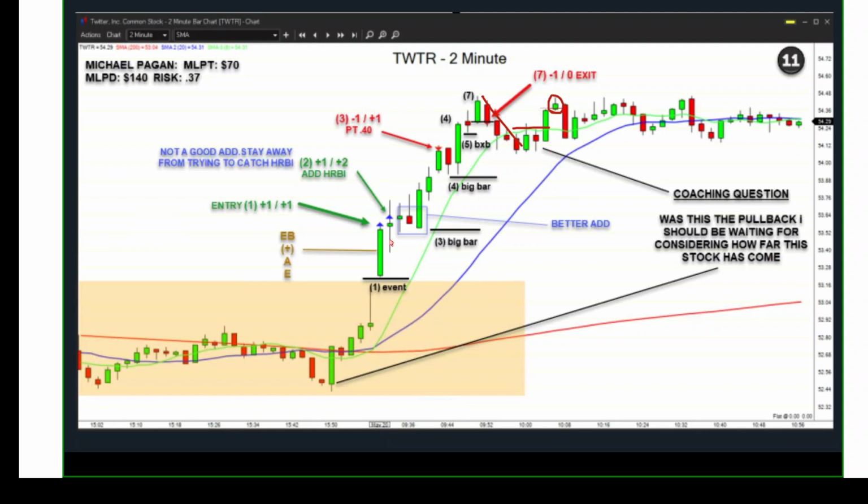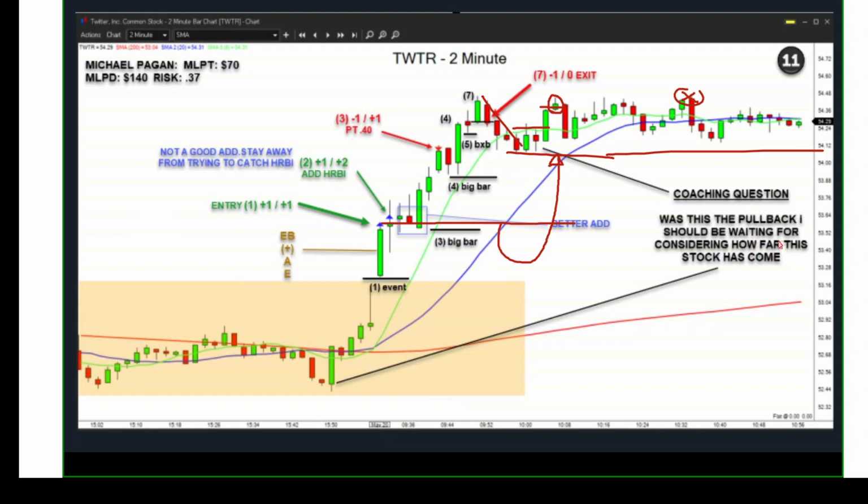I would do it here on the follow through. I like the high here to be taken out because that is the point of no return. And then my break even stop here would go to the pivot here. And I would be waiting for the new high, possibly deciding at some point here that it takes too long, take some off here maybe, whatever. And I might still be in this trade.